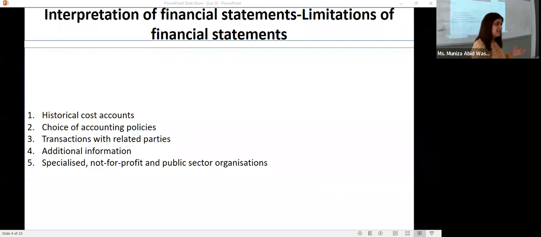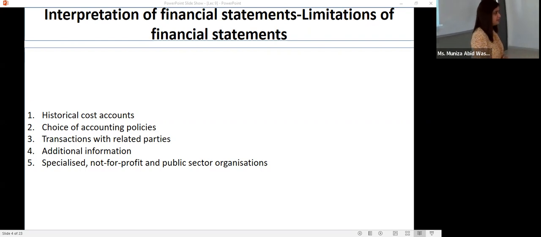In the first organization, there would be a lesser amount of profits. And in the other organization, the profits are going to be boosted, since the amount of depreciation is going to be charged at a lesser amount with the passage of time due to the usage of the reducing balance method. So only on the basis of a change in accounting policy, the organizations are going to have different returns.